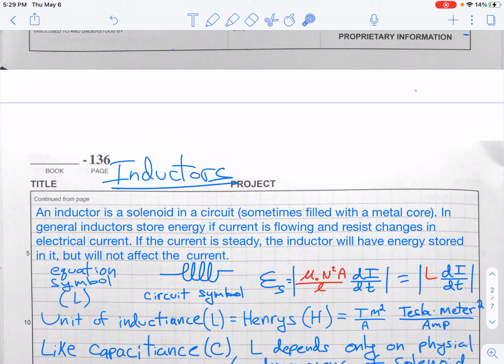Whether or not it's changing, bigger, smaller, as long as there is current, you have energy stored in an inductor. An inductor will resist changes in electrical current. If the current tries to get bigger or smaller, the inductor will delay that from happening.